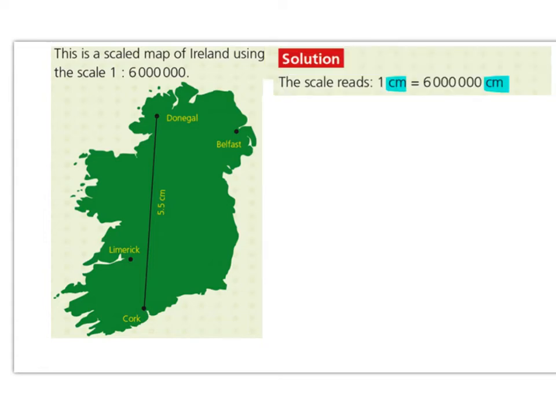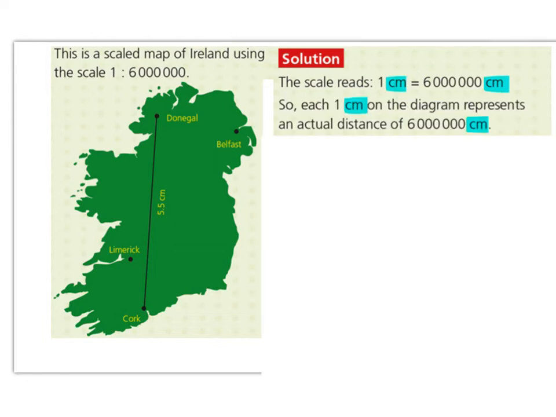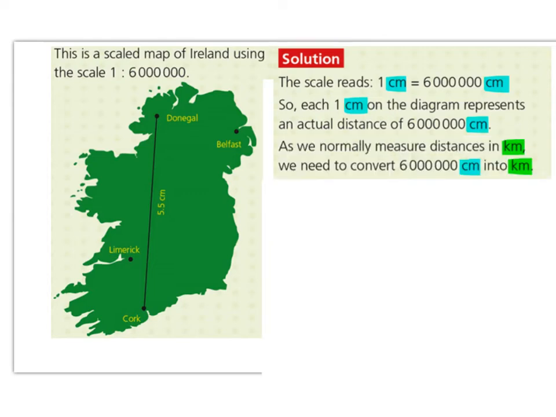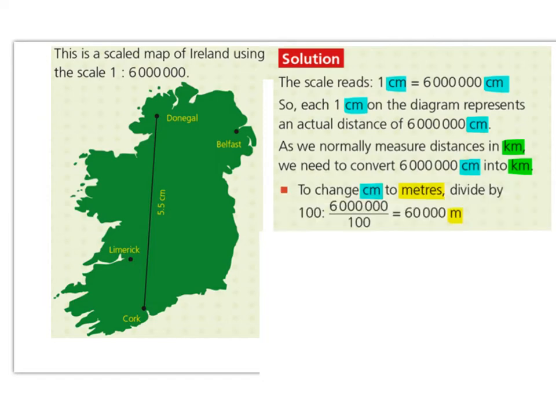So the scale reads 1 centimetre equals 6 million centimetres. So each 1 centimetre on the diagram represents an actual distance of 6 million centimetres in real life. As we normally measure distances in kilometres, we need to convert 6 million centimetres into kilometres.